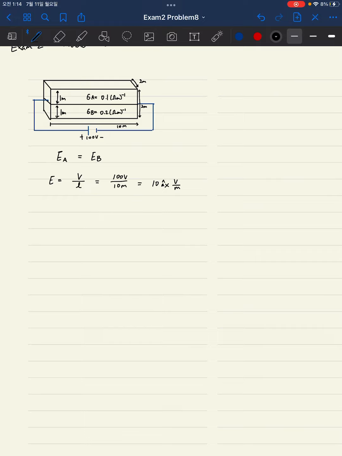Since we have to calculate the current, since we need to get the resistance of this object, it will be easier to calculate the current first.